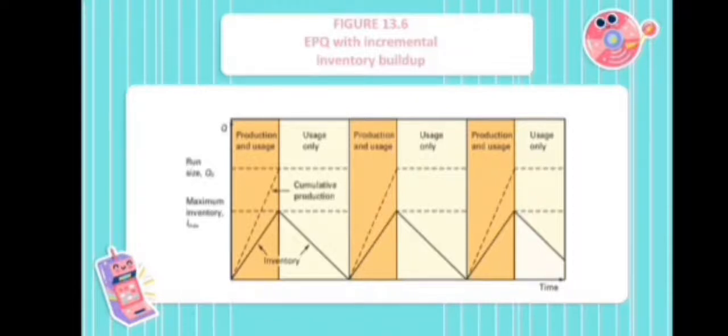As long as production occurs, the inventory level will continue to build. When production ceases, the inventory level will begin to decrease. Hence, the inventory level will be maximum at the point where production ceases. Inventory will then decrease at the constant usage rate until the amount of inventory on hand is exhausted. Production is resumed and the cycle repeats itself.